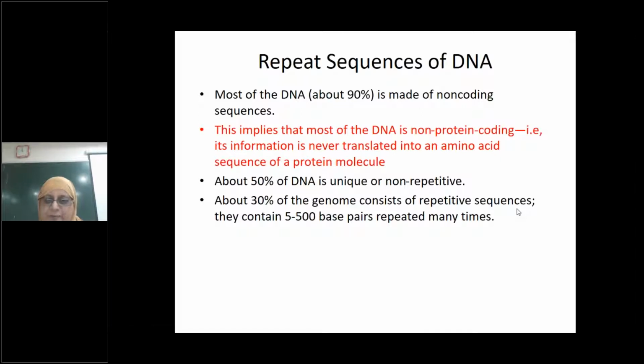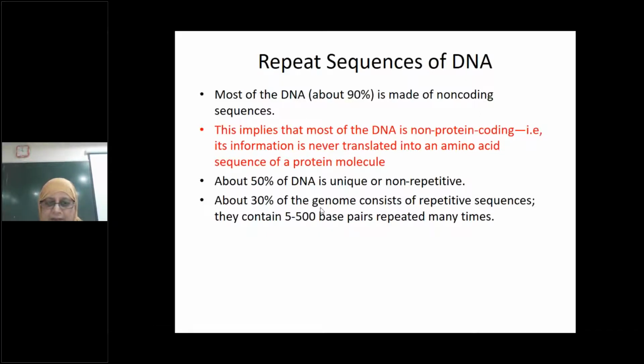Only a very small part, 1 to 2%, is formed by protein-coding exons. Some of it is required for regulatory protein synthesis and regulation of gene expression, and around 24% is introns. Then 50% of the DNA is non-repetitive, and 30% is composed of repetitive sequences.